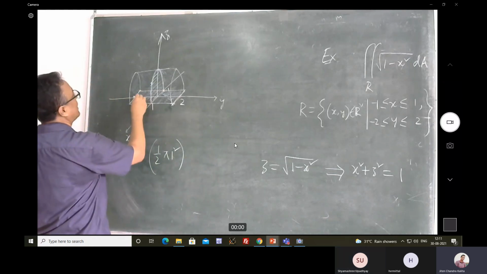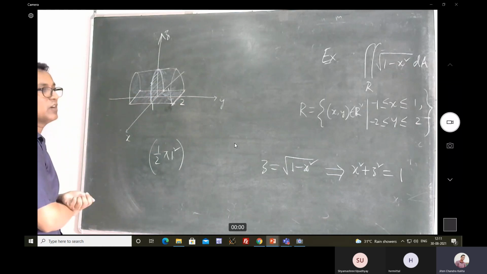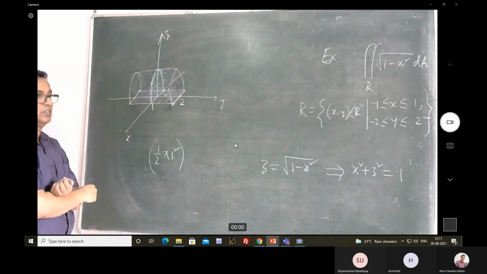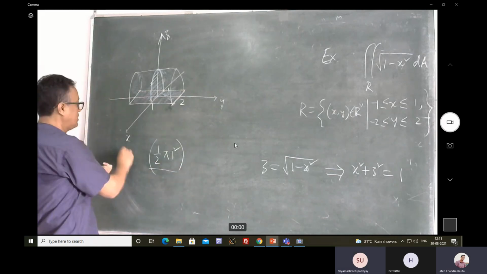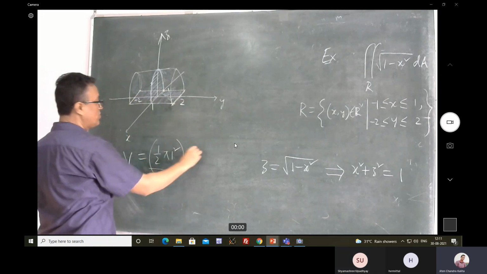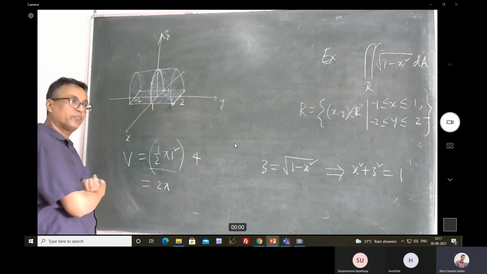And then, basically, we are considering the height of this half cylinder. So this is area into height, that is going to give me the volume, isn't it? So the volume is this into this, which is -2 to 2, so 4, isn't it? So the volume is simply given by 2 pi. Is it okay?